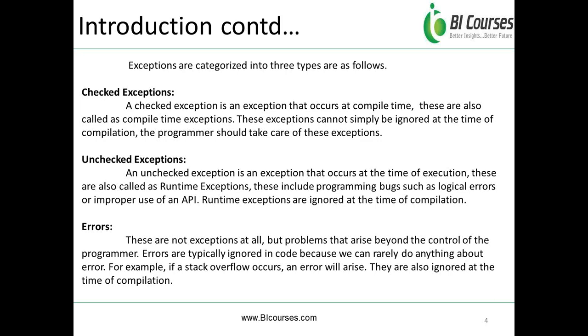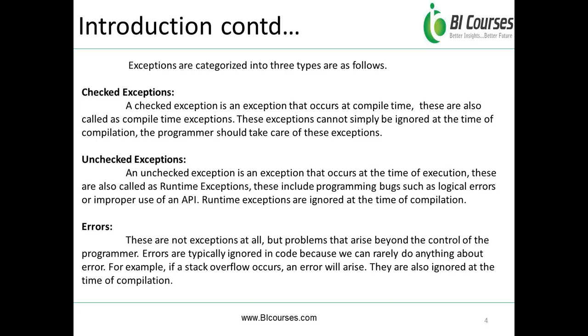The next one is the unchecked exception. An unchecked exception is an exception that occurs at the time of execution. Our application runs well when the user enters appropriate data. If the user doesn't enter appropriate data, we get an unchecked exception.